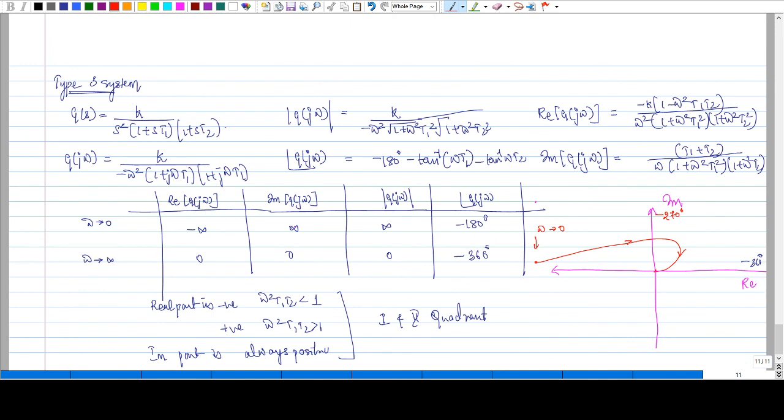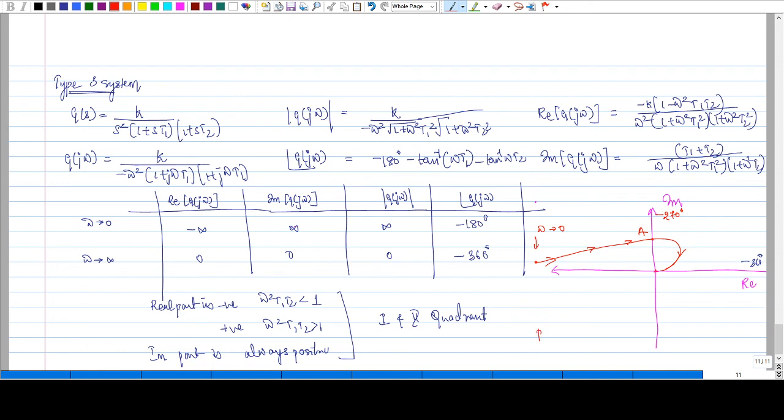Whereas in this case, the real part is moving from negative to positive and the imaginary part will always remain positive. So both the first and second quadrants need to be covered. Hence you start from this point, cross at point A, then converge at an angle of minus 360 degrees.